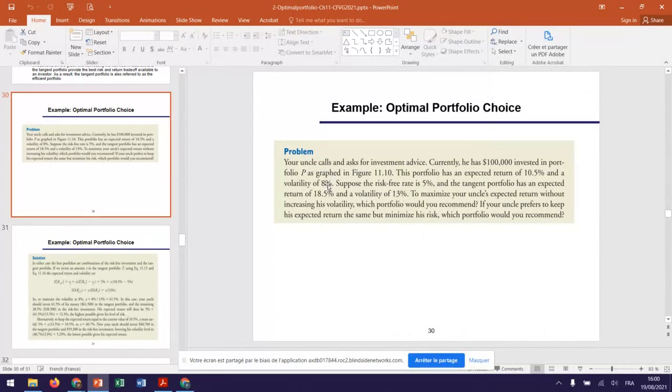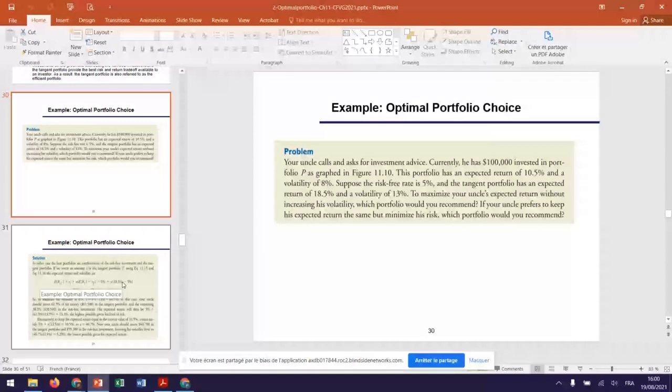Okay, so let's go to the first one. When you start to read, I recommend you write the problem in equation or in variable form, which is probably easier to interpret and easy to put in the formula later on.